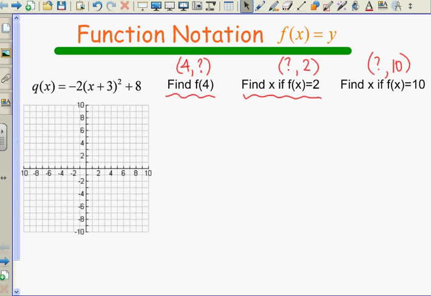I'm going to go ahead and make the graph so that we can look at it. All right, so this is a quadratic in function form, in vertex form. Vertex is -3, 8. Let me go ahead and plot that. Our first stair step size is -2, and then we know that our rate of change is changing by -4. So if this was down 2, 4 more than that would be 6, 4 more than that would be 10.